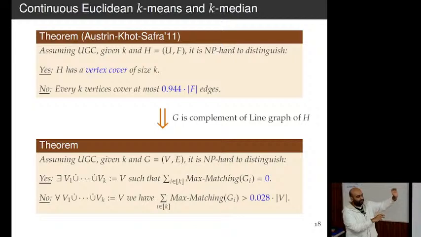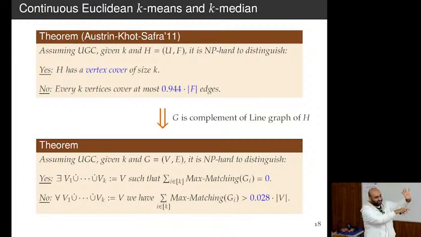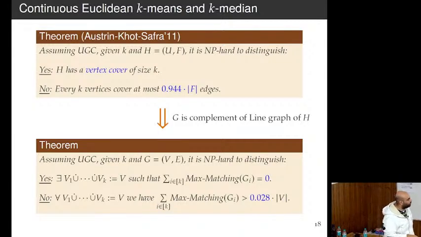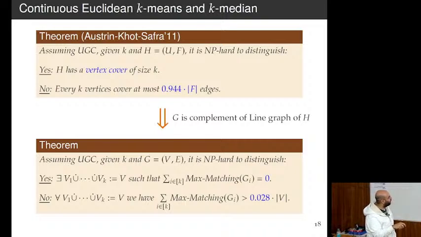You will have an independent set, but you'll also have some edges there because you haven't covered everyone. And you can sort of pick out matchings from that and extract this number, which is basically 1 minus this over 2. So this is a bit non-trivial to see why the no case translates exactly tightly in the way it does.